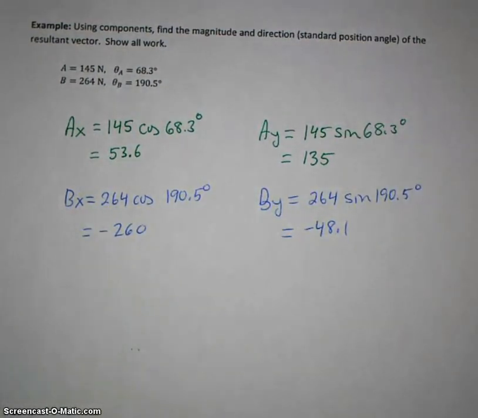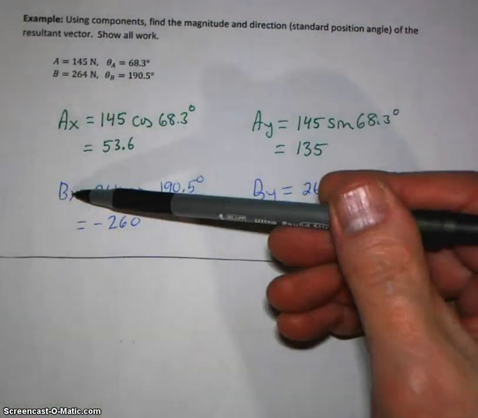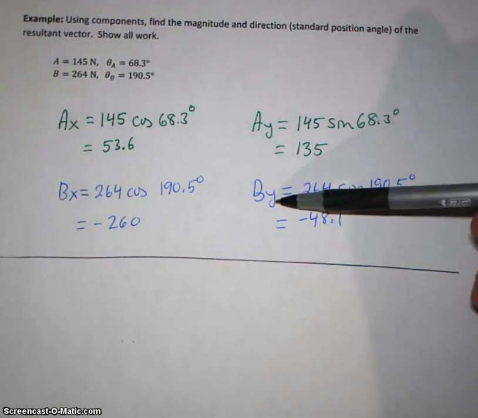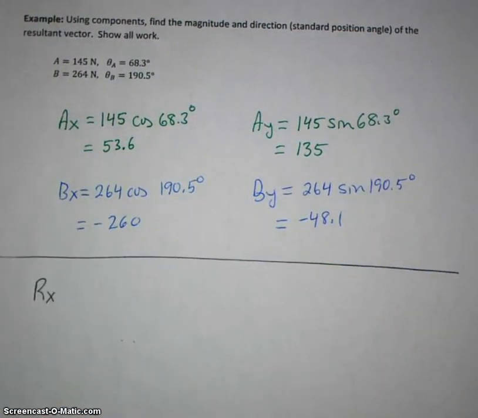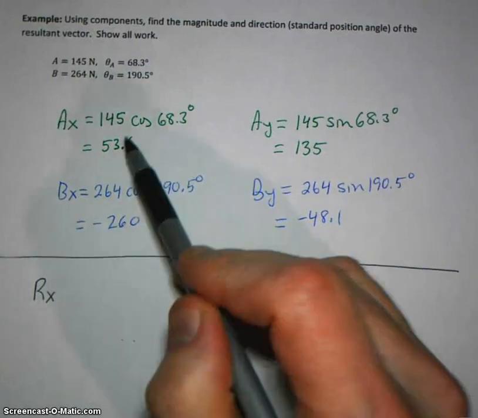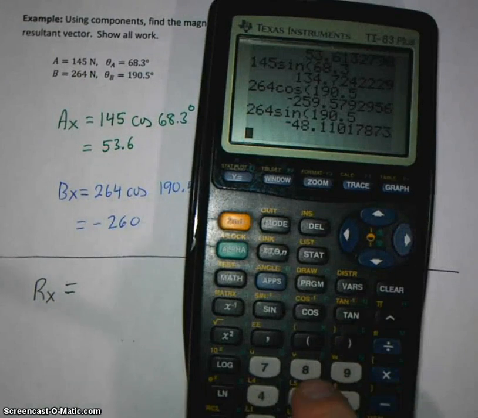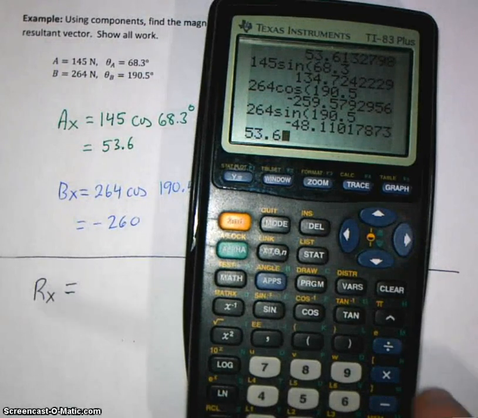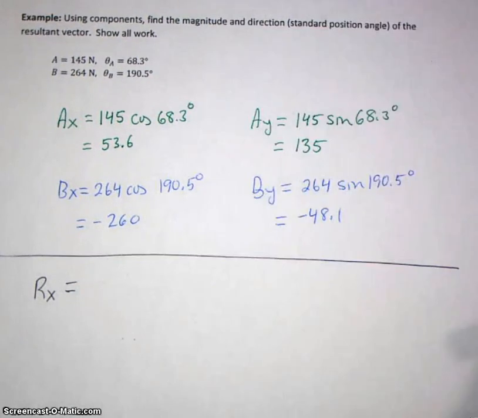All right, now what we do is we add those together. So there's a reason I put Ax here and Bx there, and Ay there and By there. What we want to do now is get Rx. And the way we get Rx is to add Ax and Bx. 53.6 minus 260, minus 206.4.